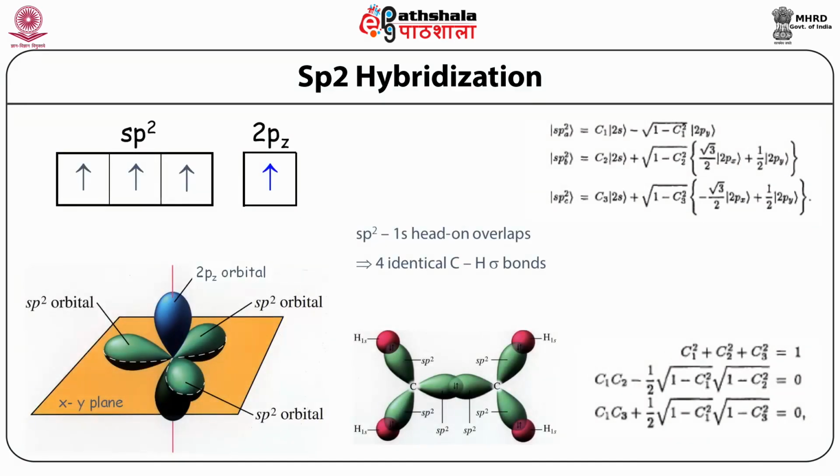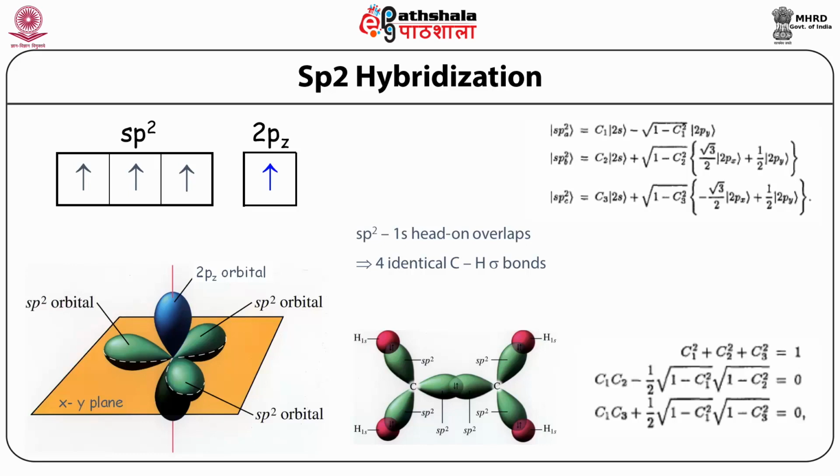In sp2 hybridization, the 2s orbital and 2p orbitals, for example 2px and 2py, are hybridized. In sp2 hybridization, all the sigma bonds lie in the xy plane, as shown in this figure, and in addition the pi orbital for each carbon atom exists perpendicular to the plane.